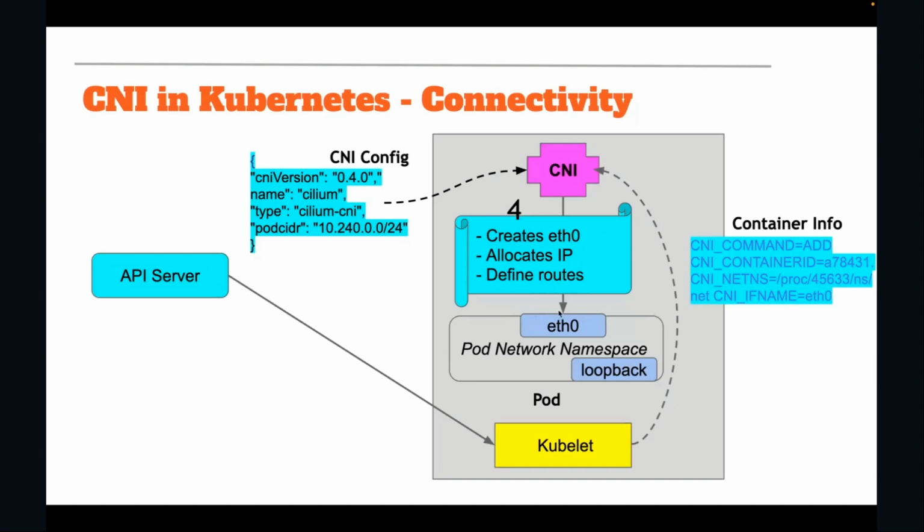But then if you add more functionality into the CNI, it can even detect your network traffic, or it can do intelligent routing in and out of the system, the cluster as well. So all of these features can get added on top of the CNI plugins that you're going to use.